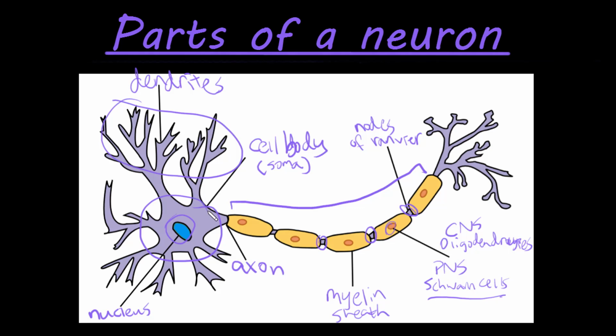And remember, because all neurons are also cells, all cells are living, and they must have a nucleus. And then we also have what contains the nucleus, our cell body, also called the soma. So that's just a basic overview of the different parts of a neuron that you might see on your test.